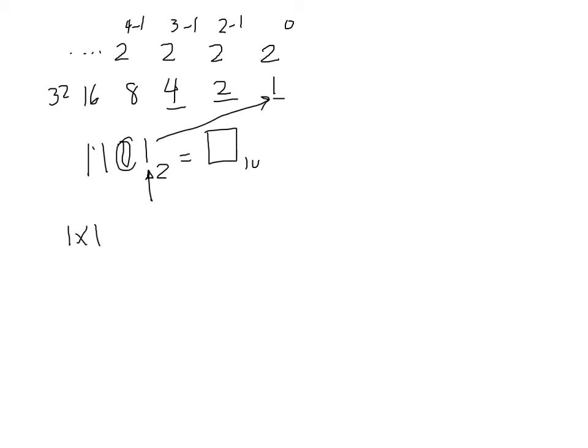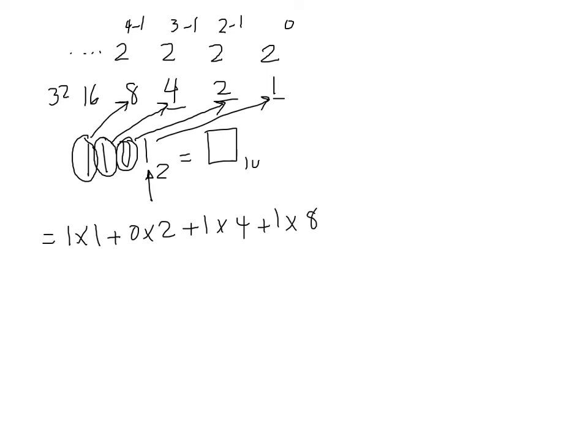This 0 is going to be multiplied by 2. So we're going to have plus 0 times 2. This 1 is going to be multiplied by 4. So we get plus 1 times 4. And this 1 is going to be multiplied by 8. Plus 1 times 8. Add them up.